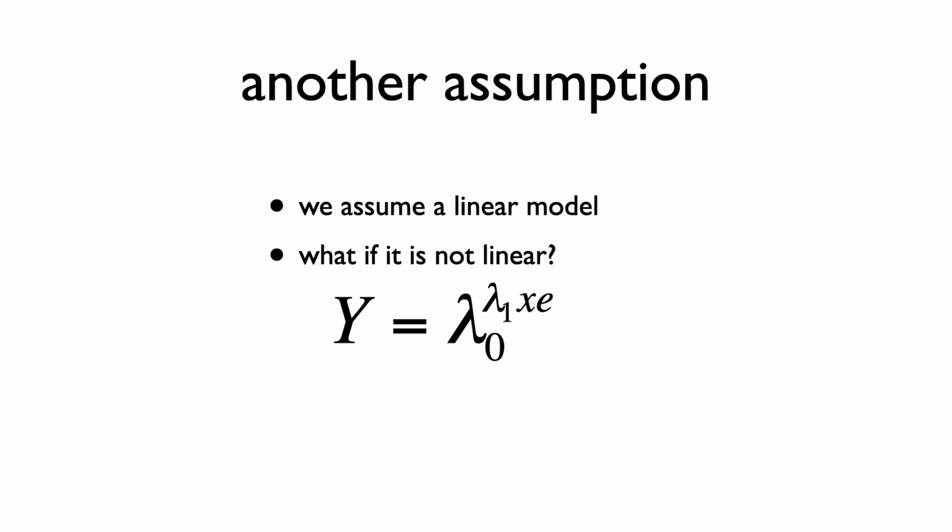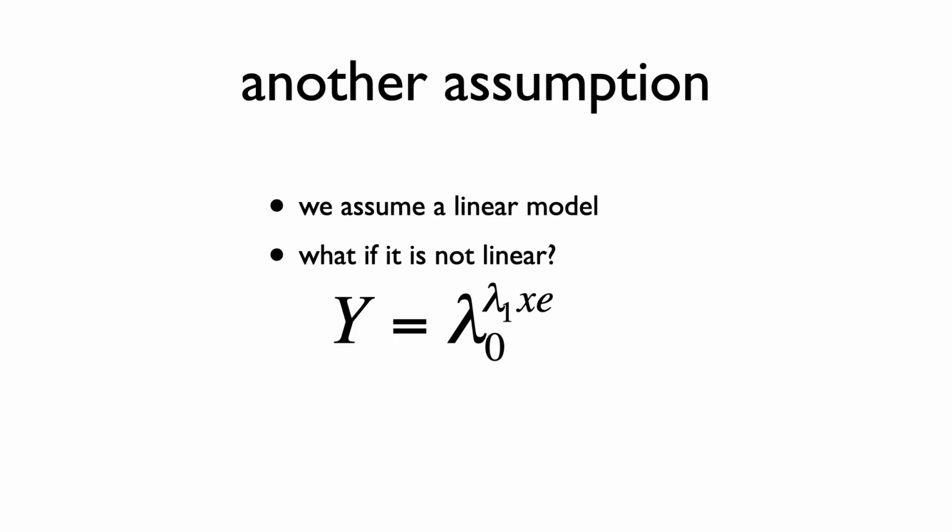So let's say that y equals, what Greek letter is that? Is that a lambda? I think that's a lambda. Yes, okay. If I'm wrong, you'll know on that one. Lambda sub 0 times lambda sub 1 to the x times e. Let's pretend that that's actually the way the universe works with some variable.